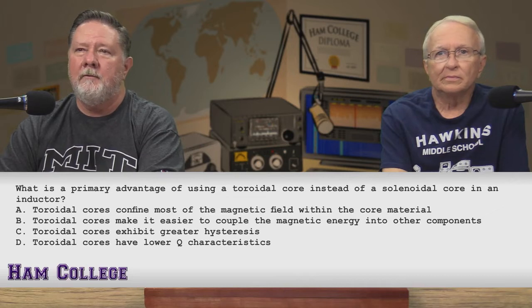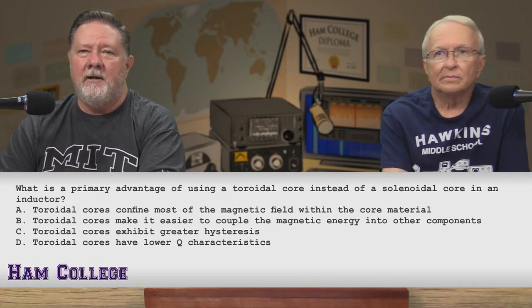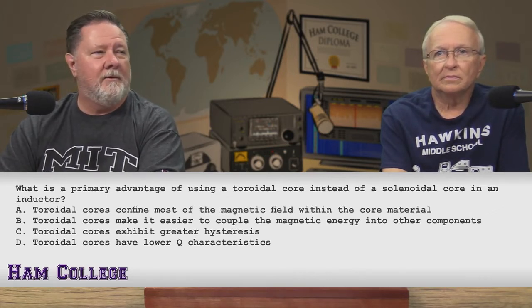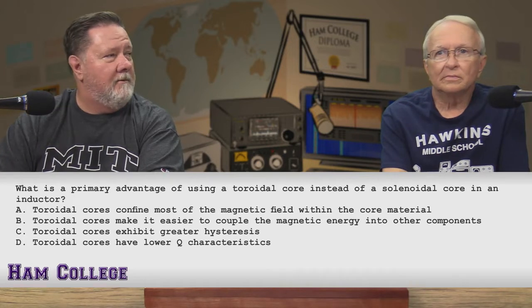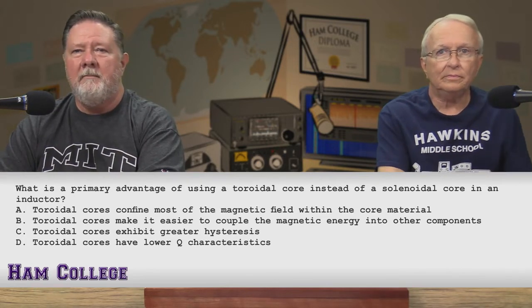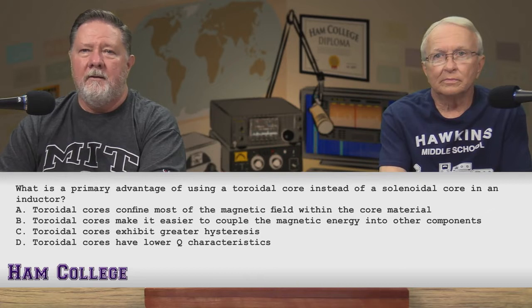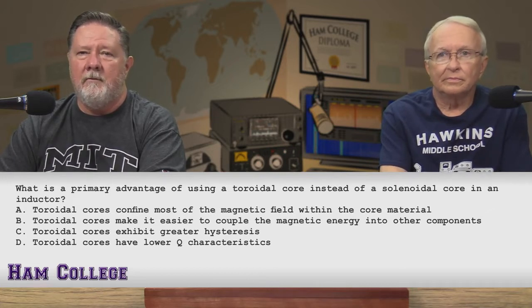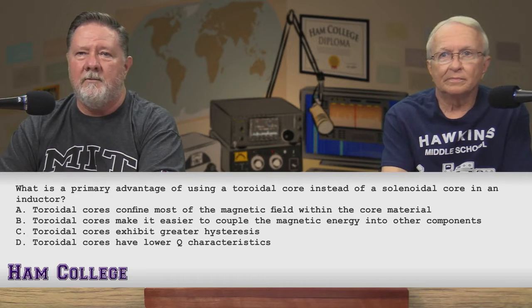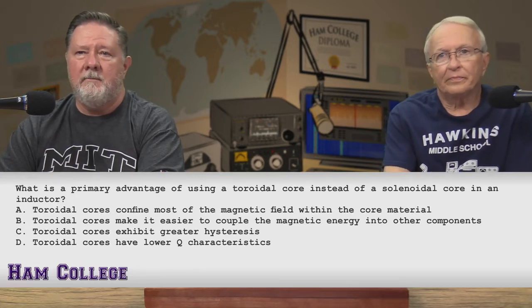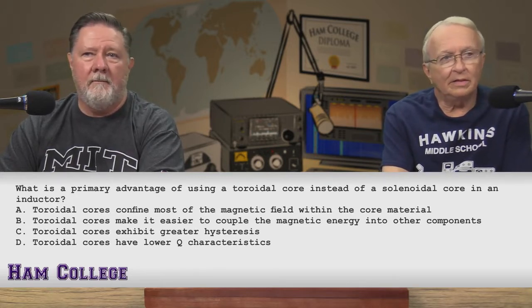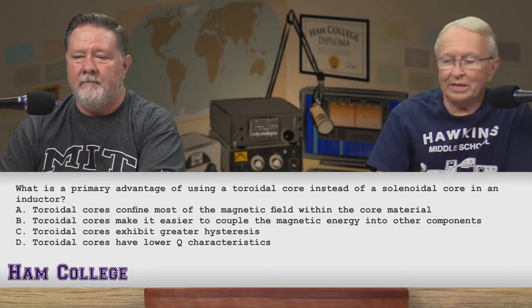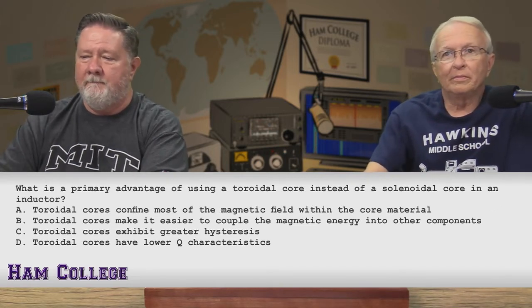Well, they make chokes out of them. That seems like a pretty good thing for that. I'm going to go with A, because I think that's why they work for chokes. Toroidal cores confine most of the magnetic field within the core material. So that helps keep it from passing. I think that makes sense, along with everyone else in the chat room.